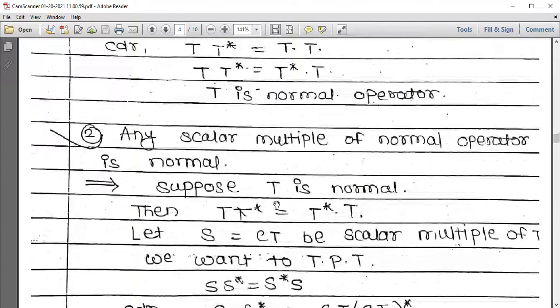Now the second statement: any scalar multiple of a normal operator is normal. Look at the proof.